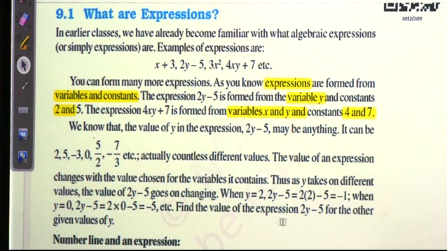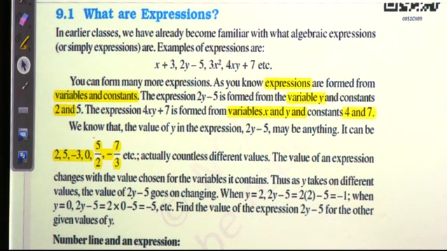Find the value of the expression 2y minus 5 for the other given values of y. Whatever values are mentioned here, try to find the value of the expression by taking y as minus 3, 5, 5 upon 2, and minus 7 upon 3, and see how things happen.